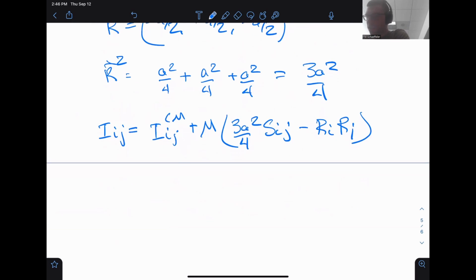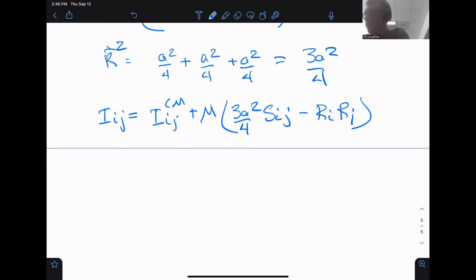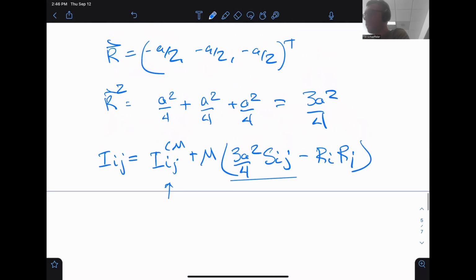And we already know a lot. Well, only the diagonal elements of the moment of inertia tensor around the center of mass are non-zero. And if we don't have a diagonal element, this part will give us 0, and we would only be left with the R_i R_j.